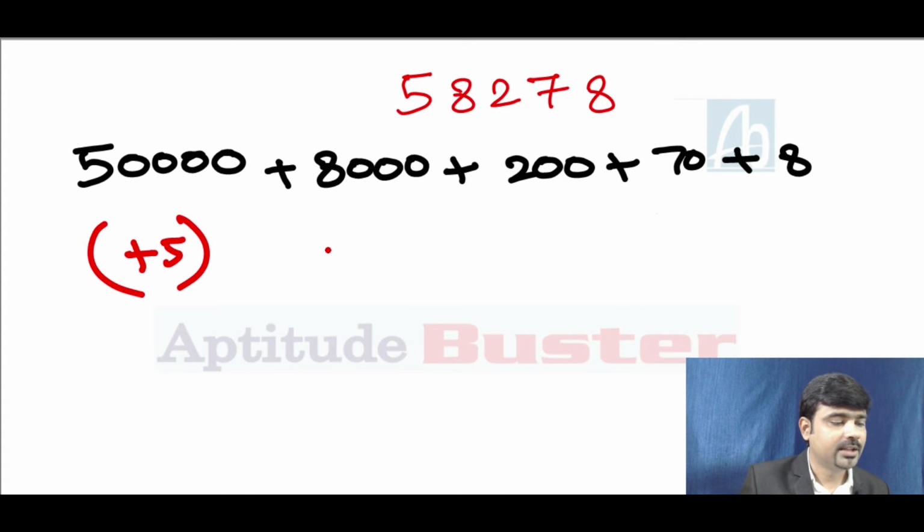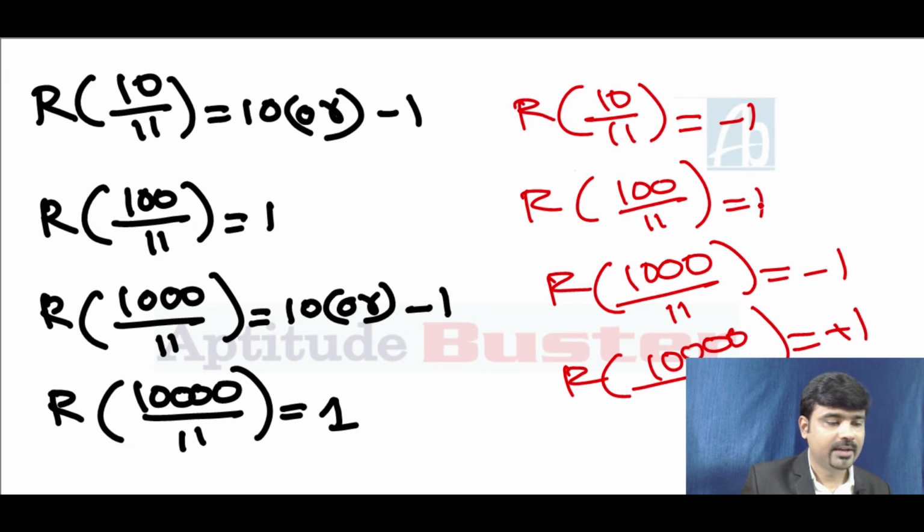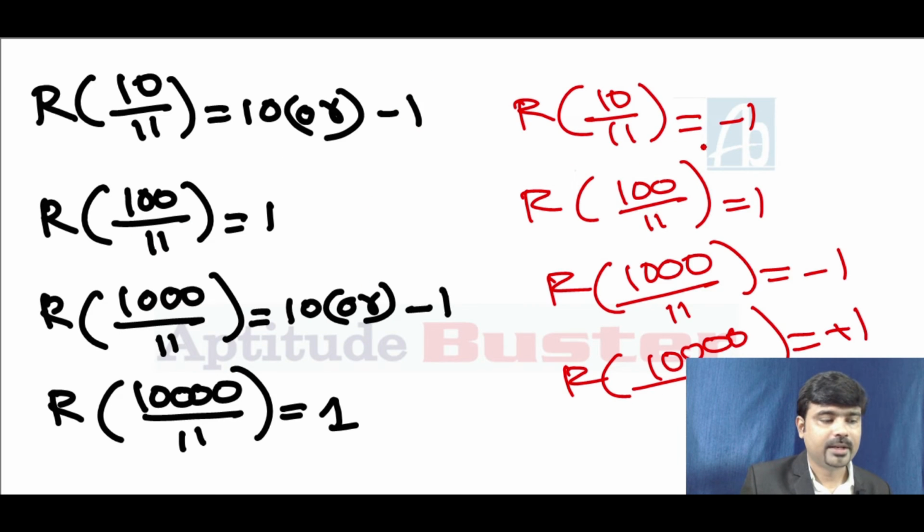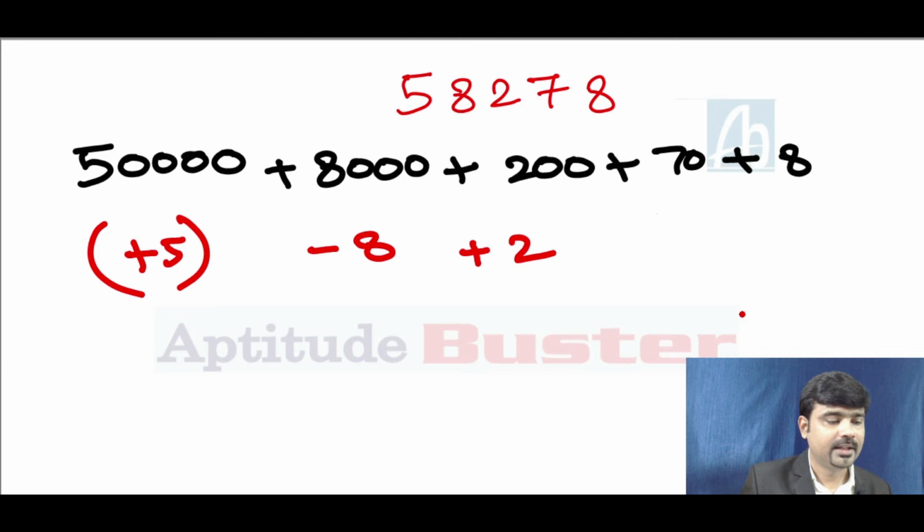That means 8,000 divided by 11, the remainder should be minus 8. Next, 100 divided by 11, the remainder is 1. That means 200 divided by 11, the remainder is 2. Next, 10 divided by 11 gives minus 1, that means 70 divided by 11, the remainder is minus 7. Next, 8 divided by 11, plus 8.